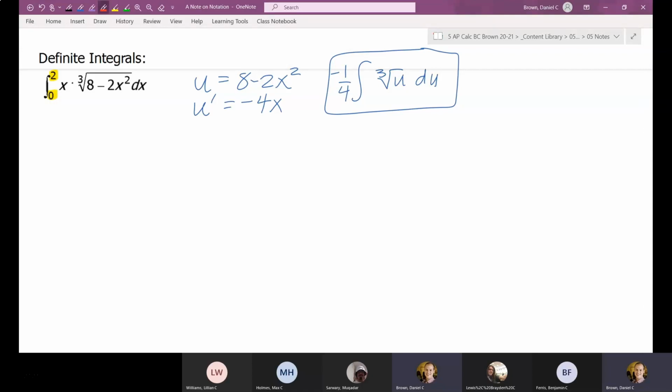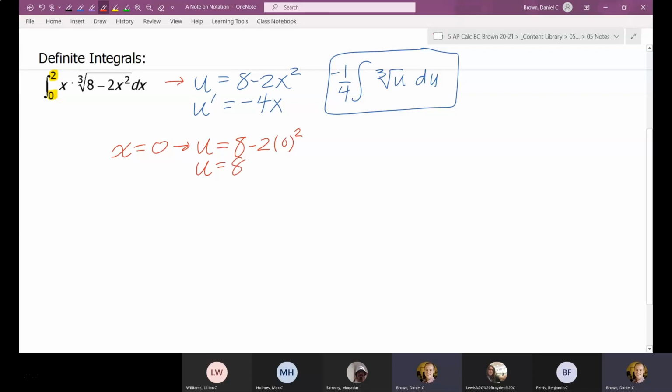Well, we know what u is in terms of x, this equation right here. So if x is equal to 0, that's my lower limit of integration. I can say, if x is 0, what is u equal to? Well, u is 8 minus 2x squared. So 8 minus 2 times 0 squared, u is equal to 8.